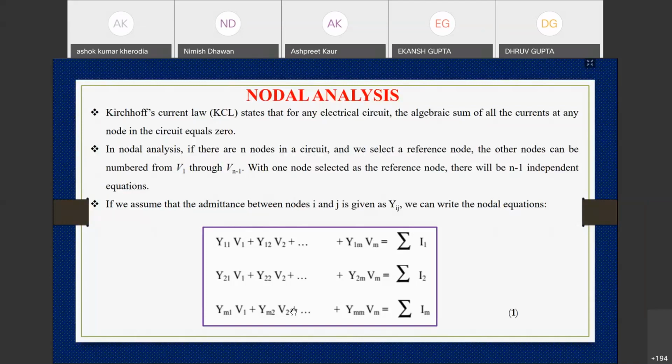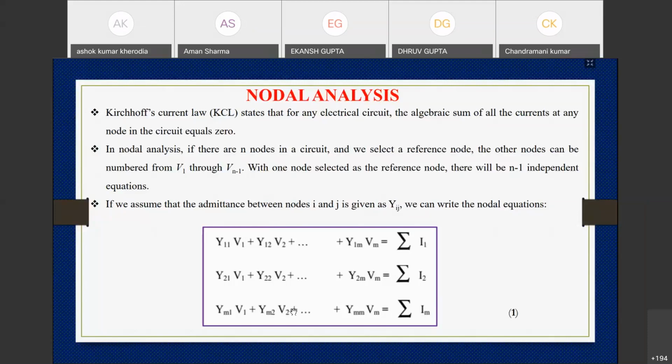Sir, on the junction, using Kirchhoff's law, the Kirchhoff current law, KCL. So what are we doing in that? What is the objective of nodal analysis? Sir, on the junction, the sum of entering currents and outgoing currents is 0. Yeah. So what do we want to find from that? Voltage. We want to determine the node voltages.